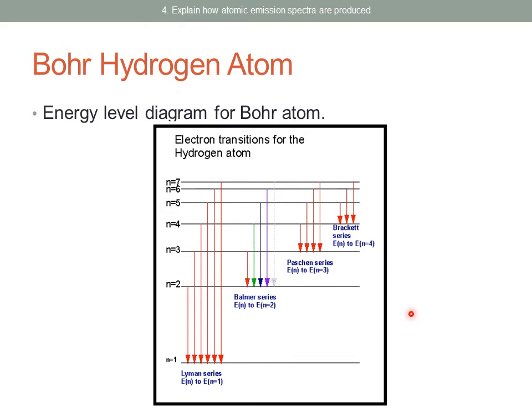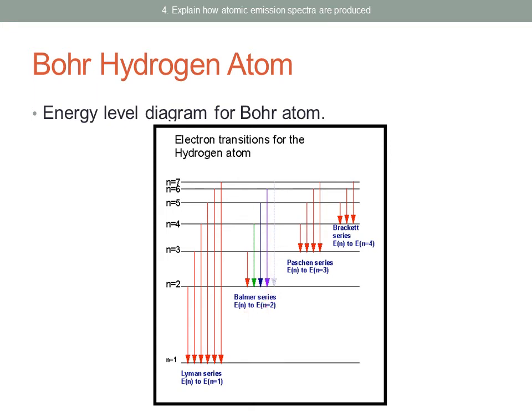Another reason I like this is it's specifically showing which transitions, or which changes in energy level, give us the visible light. We can notice here in the middle there is a series of transitions labeled the Balmer series, and it says from En, meaning any energy level n, down to the energy level equal to 2. So for example, 3 to 2, 4 to 2, 5 to 2, 6 to 2. These are the ones that give us the visible transitions.